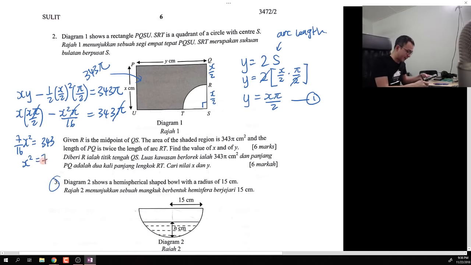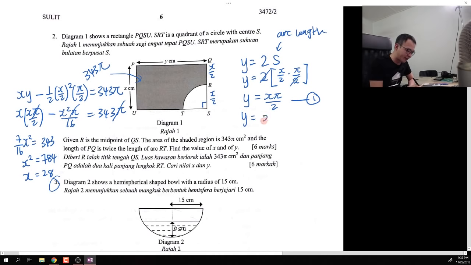I will get 784. Then I get my X value by square root. In this case, I will not do the positive negative because the length can only be positive. So what is the formula? For arc length, S equals R theta. Alright, so therefore the X value is 28.